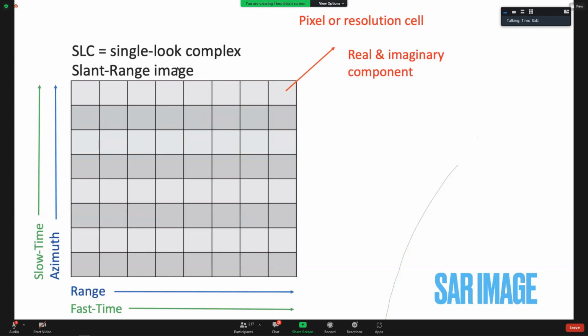So each pixel is delivered to you as a complex number that you then can calculate the amplitude out of by taking the absolute value of the complex number, or the phase by getting the argument of the complex number. So yes, if you order the SLC image. If you order an already geo-corrected amplitude image or something, then you will not have the phase information.